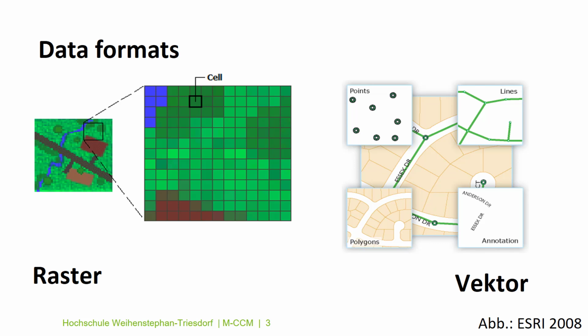Some analyses are only available in raster, others only available in vector, some are available in both. In general, vector data is a bit more versatile and it's easier to lay out, so we often try to transform our data into vector data at the end of a geoprocessing process.